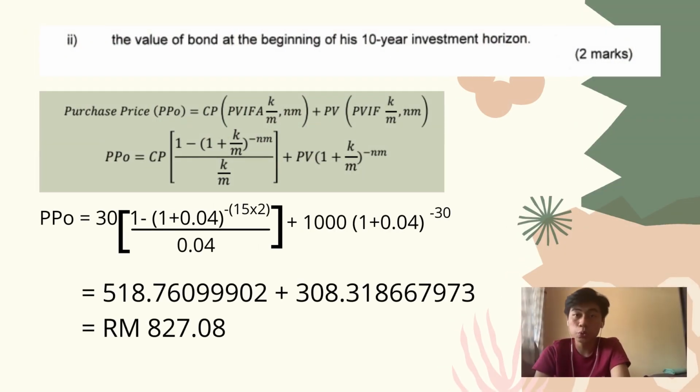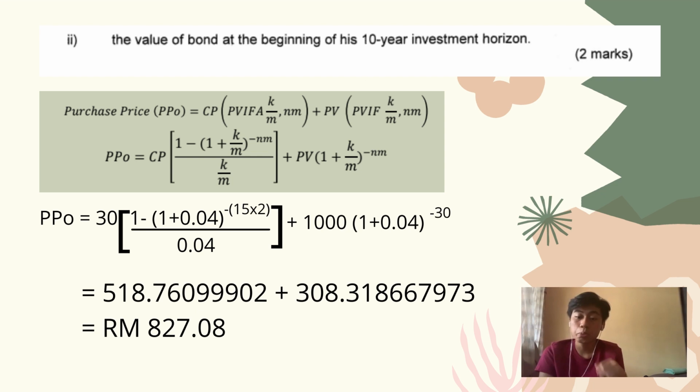For question 2, the question asks for the value of the bond at the beginning of his 5-year investment horizon. Therefore, we will use the formula: purchase price equals CP times bracket 1 minus bracket 1 plus K over M bracket to the power of negative Mn, divided by K over M, plus par value times bracket 1 plus K over M bracket to the power of negative Mn.